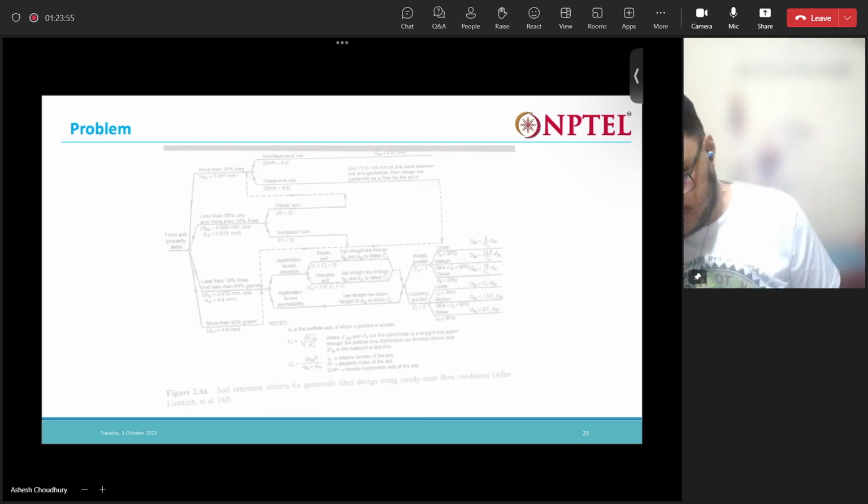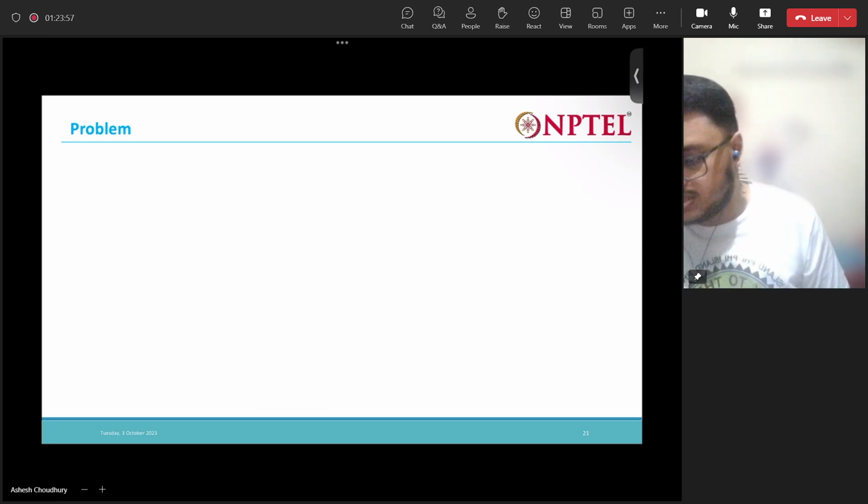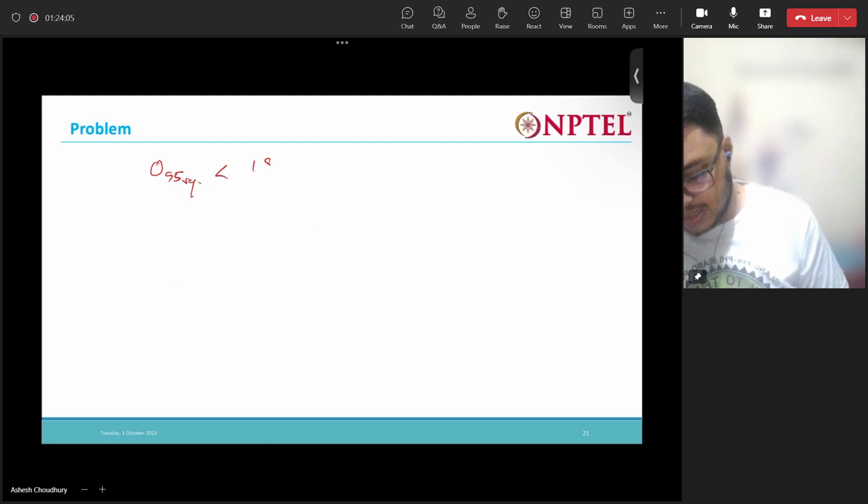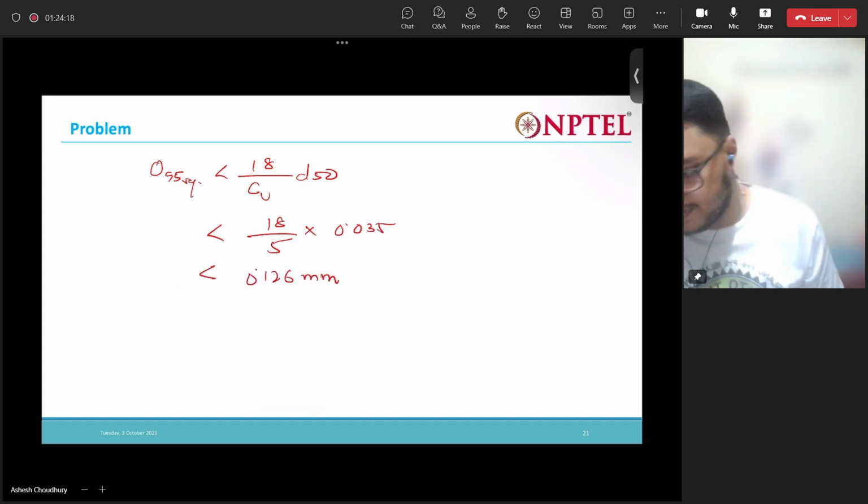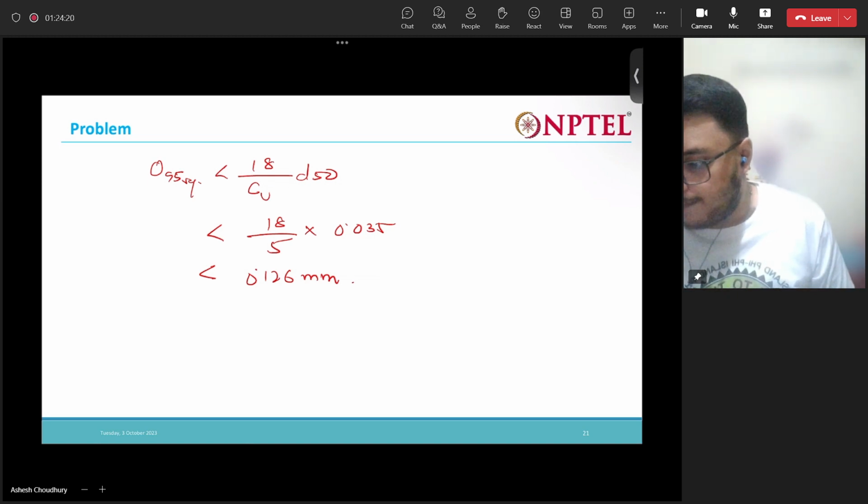Therefore, if we take this, O95 required is less than 18 by Cu times D50, so less than 18 by 5 into 0.035, which would be less than 0.126.